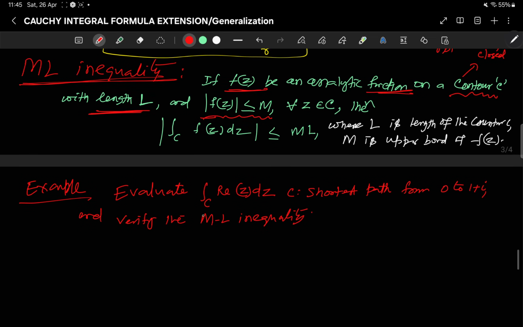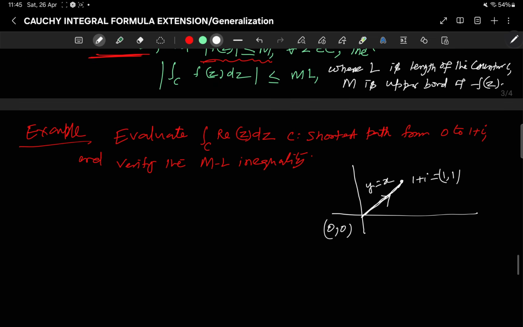Suppose you are asked to evaluate the integral over C of real part of z dz, where C is the shortest path from 0 to 1 plus i. So first you draw the path. 1 plus i means here 1 point. So we have a path here from 0 to this, the line y is equal to x.